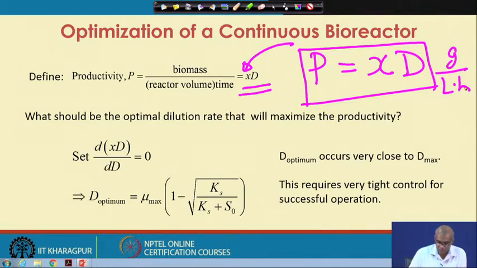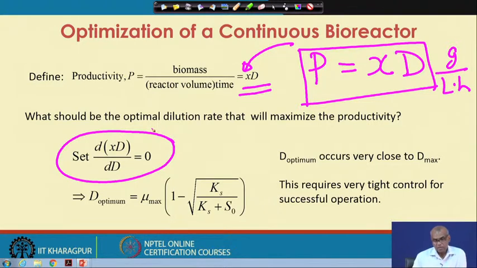So, to obtain the optimal dilution rate, you can take the derivative of the productivity, that is x D, with respect to dilution rate and set it equal to 0, and can obtain a closed form solution for the optimal dilution rate. This optimum dilution rate occurs not very far from the maximum dilution rate. The optimum dilution rate occurs close to the maximum dilution rate.